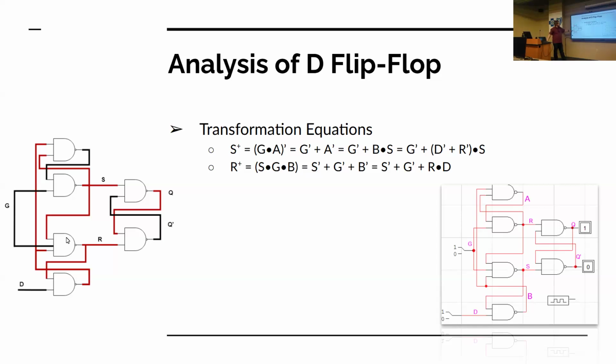So notice this G is protecting the two NAND gates that allow the RS latch to change. Okay? It's protecting those two NAND gates. So as long as this is 0, then those will always be 1. Right? So as long as G is 0, the R and the S will always be 1. It can't change.